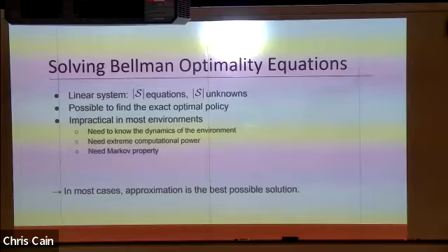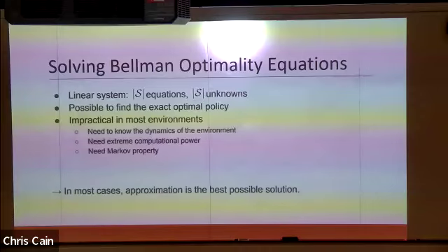We have the number of possible states in our game equations and the number of states in our problem unknowns. So we can solve a linear system, a massive linear system, and the result of that is that we end up with a perfect optimal policy.